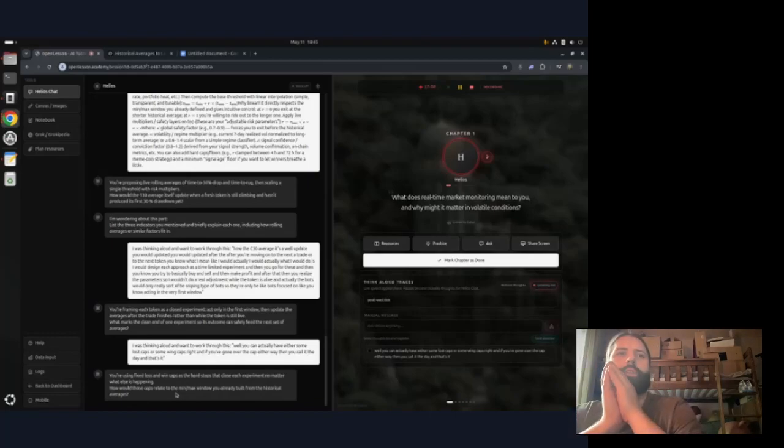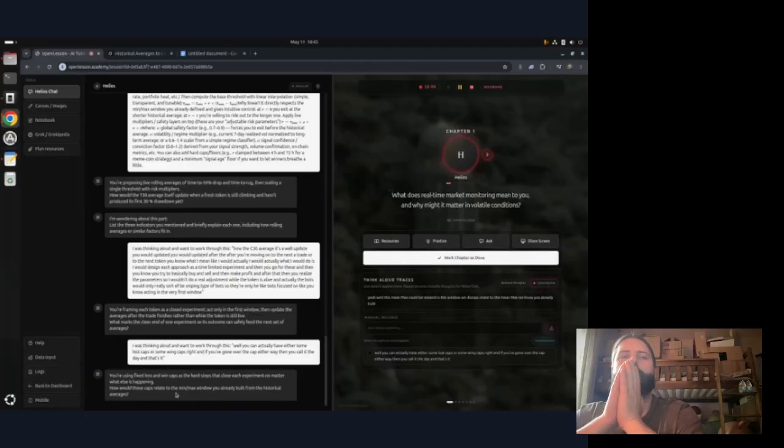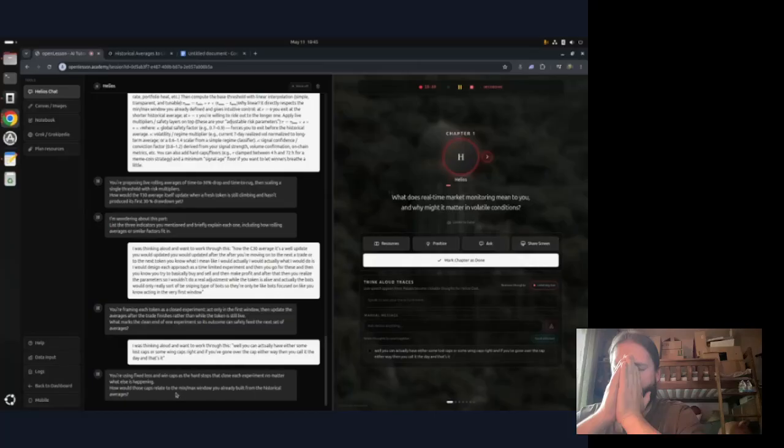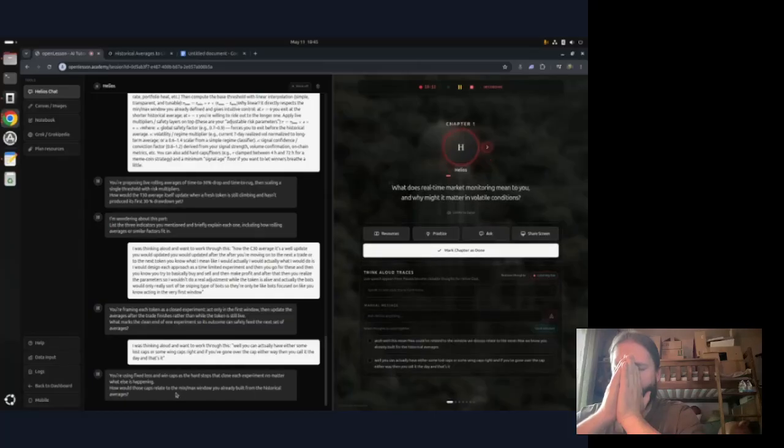Yeah, well, this min max could be related to the window. How could this kind of relate to the min max window you already built for the historical averages? I'm not so sure. Why would you relate? I mean, there's so many variables that go into these.